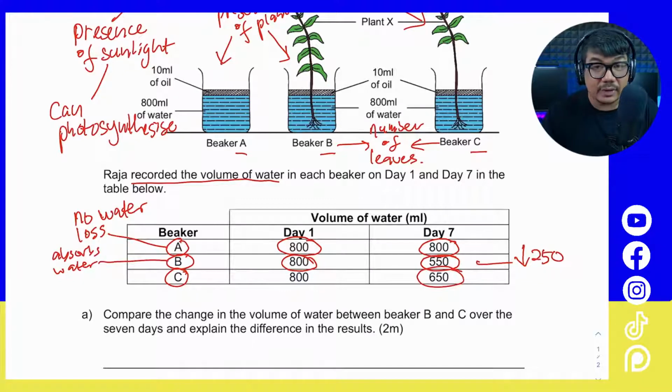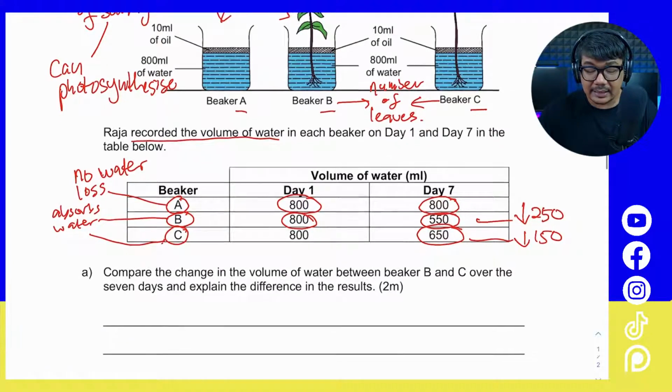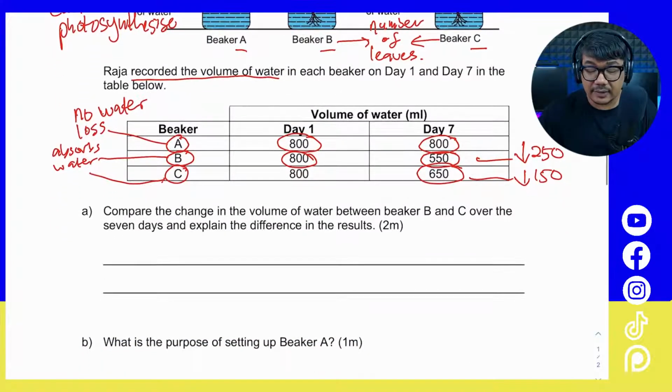So here you can see there is a decrease of 150 milliliters of water. Again, the plant in beaker C absorbs water. So why is there this difference of 100 milliliters of water here?